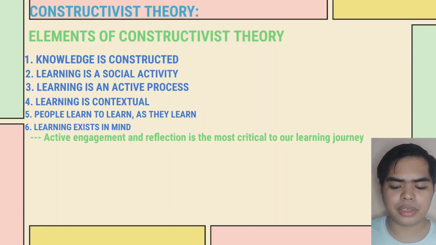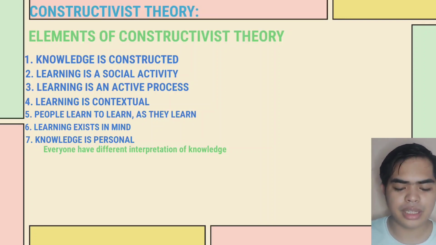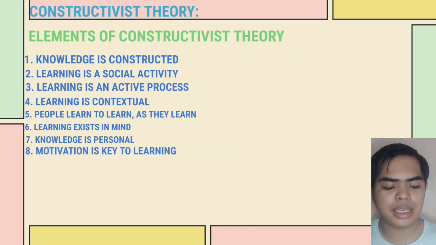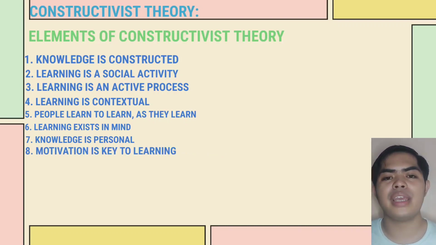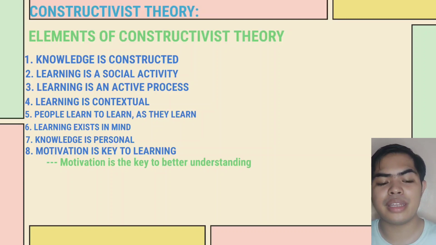Next is knowledge is personal. Because we have different experiences, we have different definitions of understanding. So that is knowledge is personal. And lastly is motivation is key to learning. True motivation is key to making connections and creating understanding.